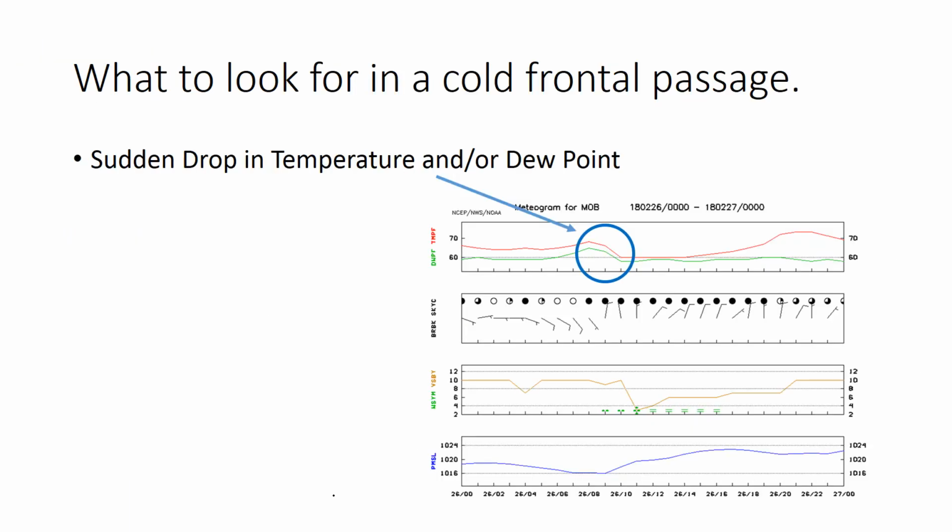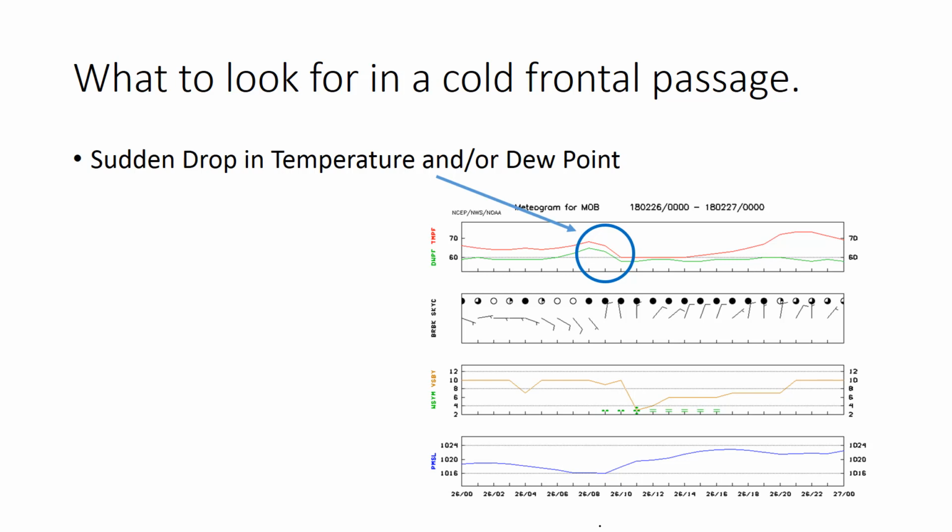Okay, so when we want to look for a cold front passage, here's what we want to look for. First and foremost, we want to look for a sudden drop in temperature and/or dew point, usually both. Sometimes one may not respond as much as the other. Sometimes one will respond more drastically than the other.